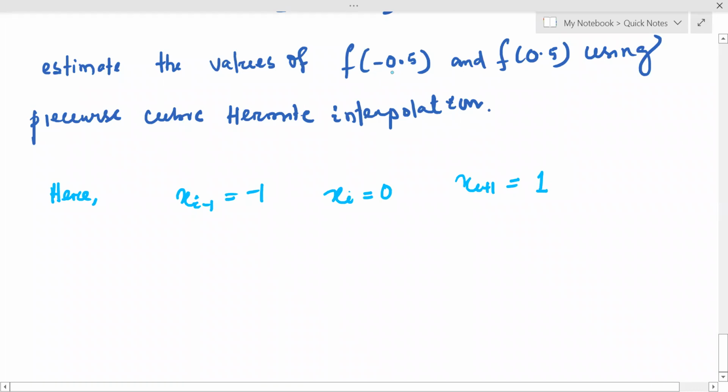Since you can see this is the value of minus 0.5, which lies in this interval xi minus 1 and xi.